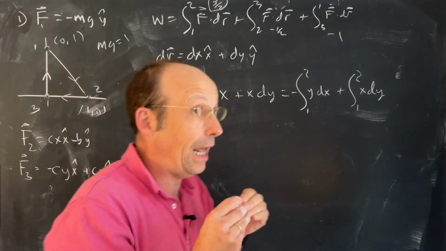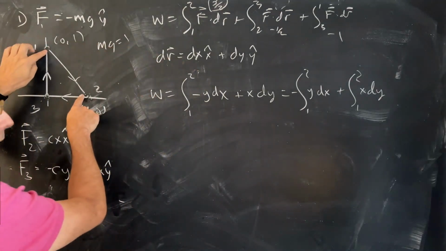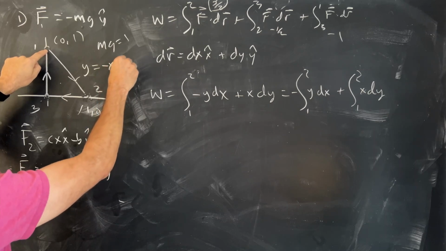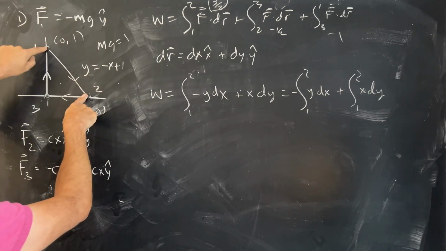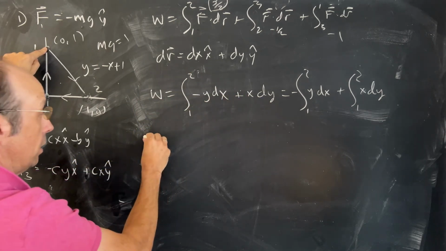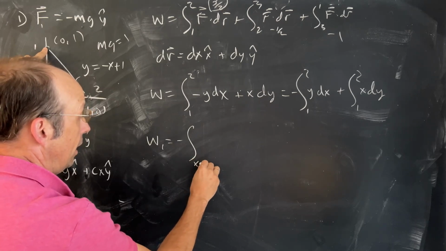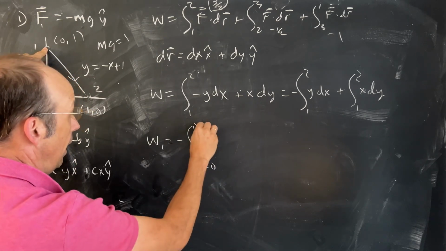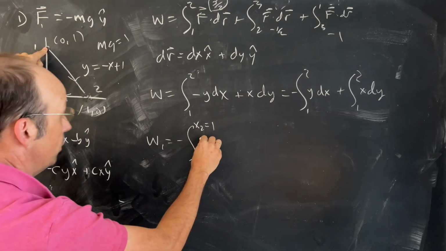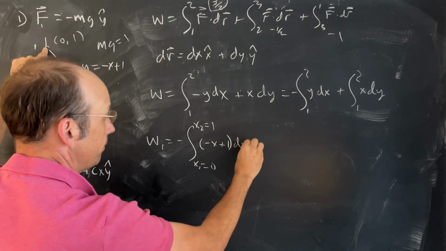So in this case, I'm going to have to use the equation of the path. Right here, the equation of this line is y equals negative x plus 1, because there's a slope of negative 1 and a y-intercept of 1. I can use that to substitute into this equation. So work 1 is going to be negative the integral from x1 equals 0 to x2 equals 1 of y, which is negative x plus 1, dx.